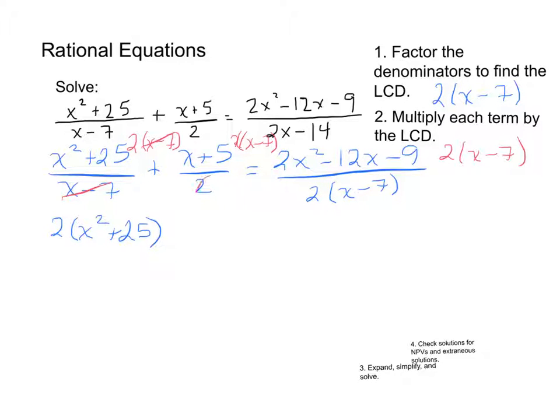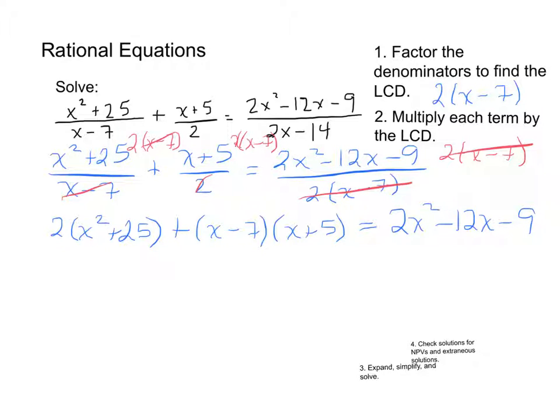So that 2 is gone, and that 2 is gone, so I have plus x minus 7 times x plus 5 equals, and in the last one, everything cancels out, so it's just 2x squared minus 12x minus 9.